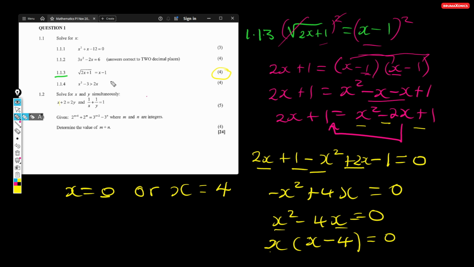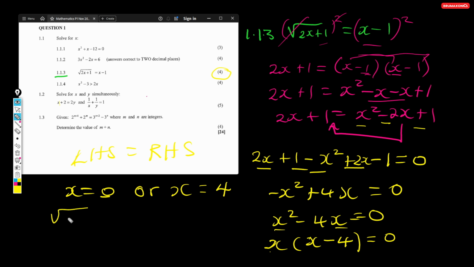In order for us to finalize the answer here, we need to substitute this and this into the equation to see if the left hand side is equal to the right hand side, right? So we'll start with 0.